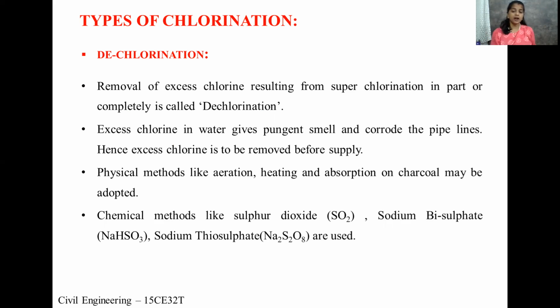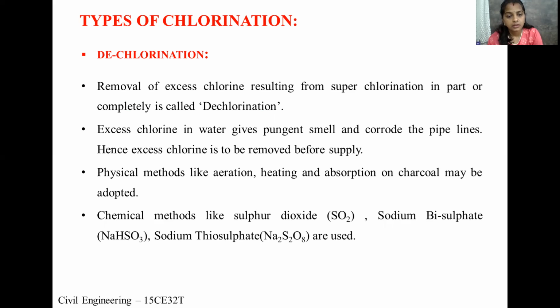It is really hard to drink the water, and it corrodes the pipelines also. Hence the excess chlorine has to be removed before the supply to the municipal water lines.